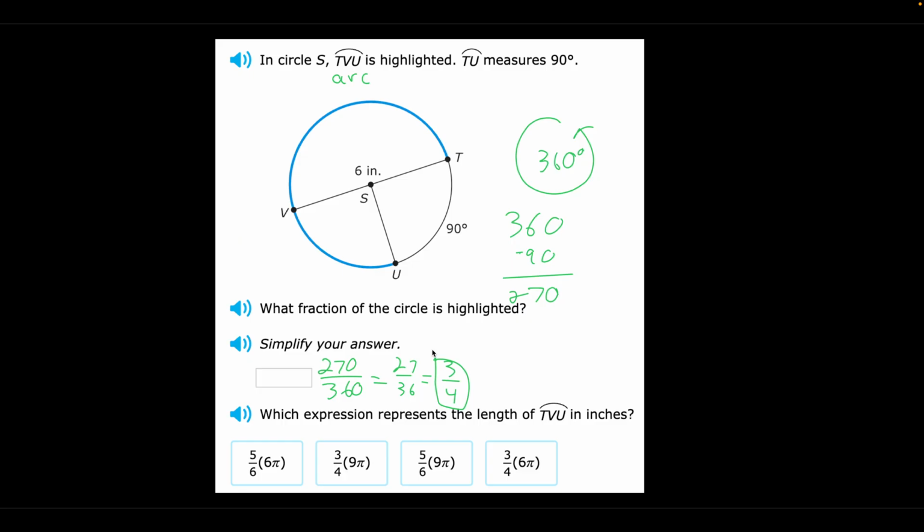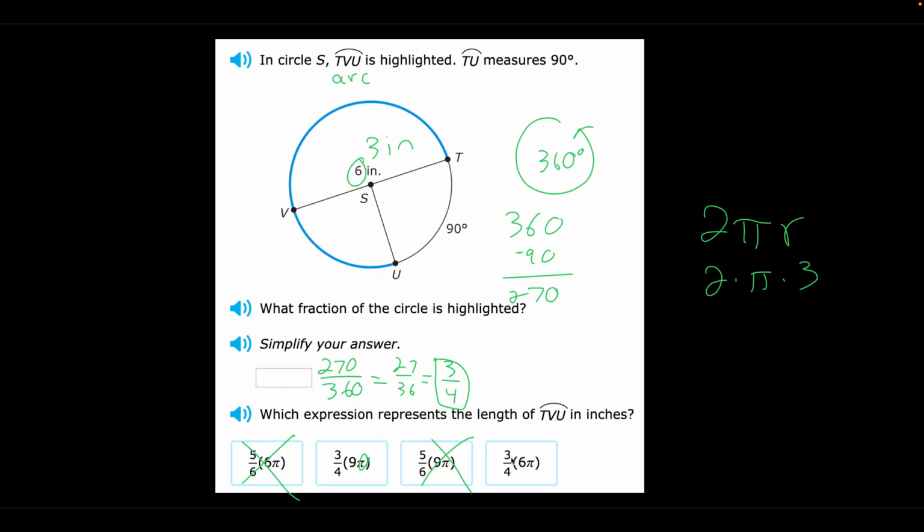So we know right away that this answer and this answer are incorrect because we want the 3/4 to be in our answer. And now the difference is 9 pi or 6 pi. We should know how to find the circumference of a circle. Circumference of a circle is 2 pi r. The radius here is 3 inches, so we're going to do 2 times pi times 3.